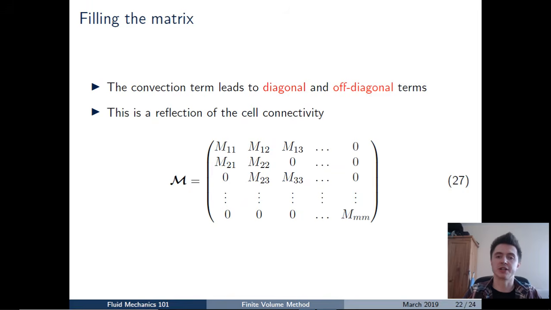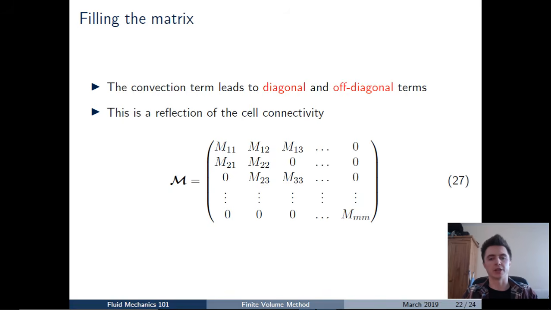Well, the convection term is going to lead to diagonal and off-diagonal terms in the M matrix. The diagonal terms are going to be given by the contribution of the owner cell centroid P, and the off-diagonal terms are going to be given by the contribution of those neighbor cell centroids N to the face interpolation of the velocity field.